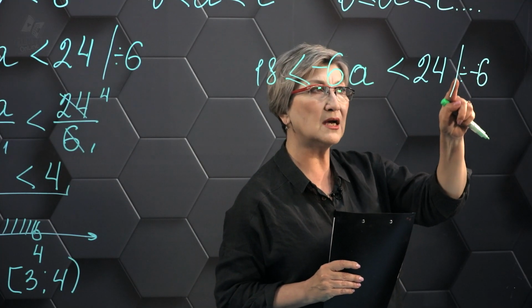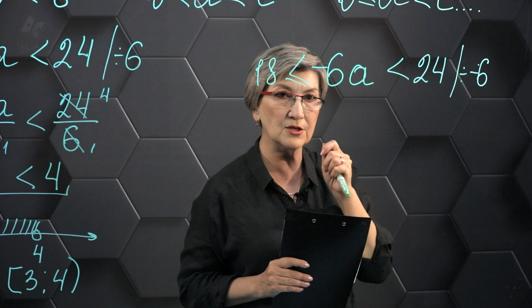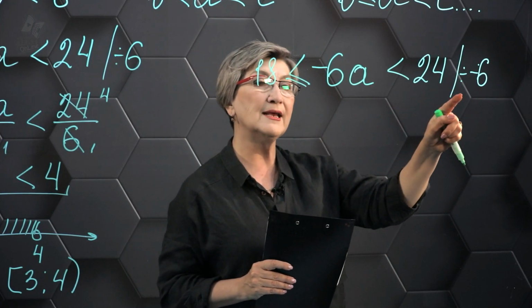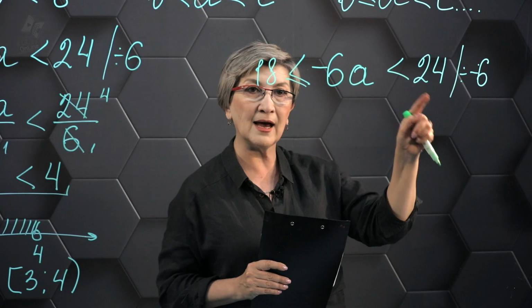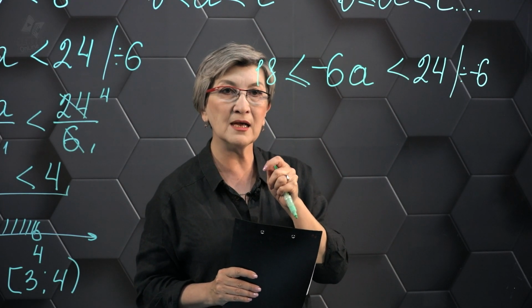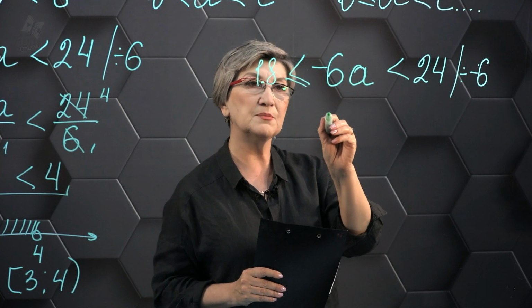As soon as I note that I'm dividing by a negative number, I instantly remember the rule that when dividing or multiplying by a negative number, the inequality sign changes. Let's write it down.